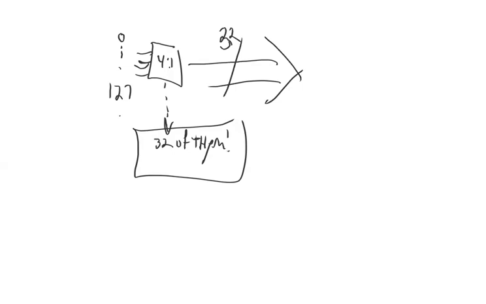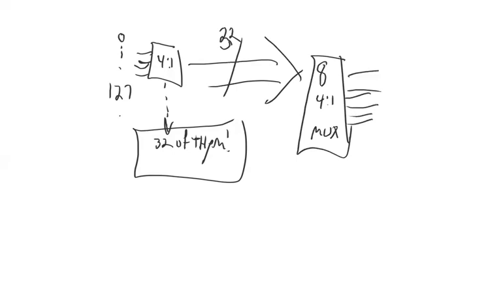So my next stage, divided by 4, is going to need 8 4-to-1 multiplexers. Now, 8 4-to-1 multiplexers will have 8 outputs. But if I have just two 4-to-1 multiplexers, I'll have 8 inputs and only 2 outputs. And then I'll just need one more 4-to-1 multiplexer. So how many do I need?